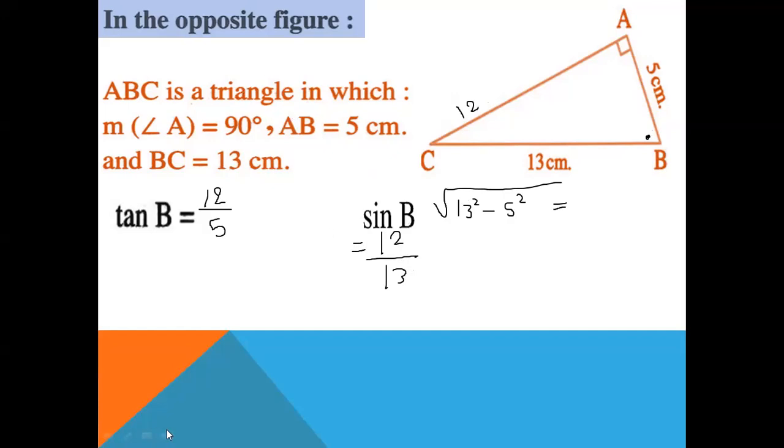Okay, the second one. Sine C. Sine, opposite and hypotenuse. This is C. Opposite to C is 5 and the hypotenuse is 13. Then the answer is 5 over 13. The last one.